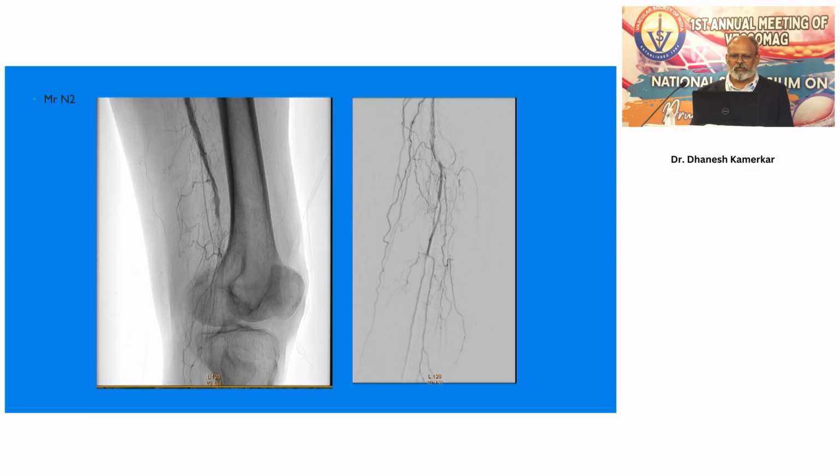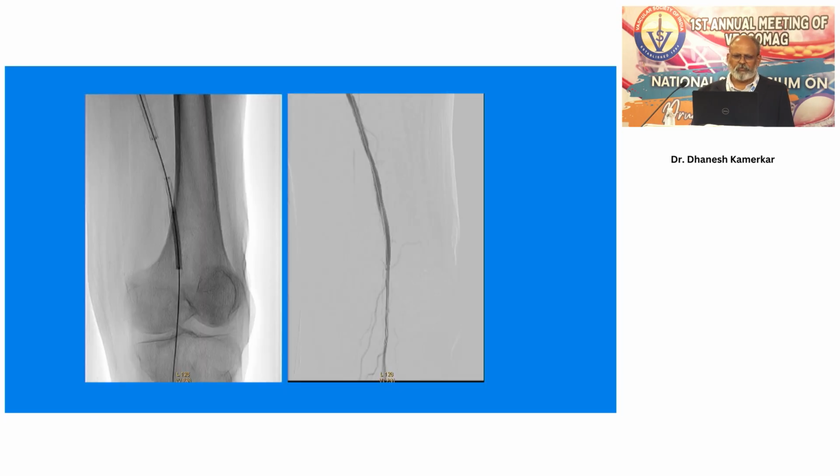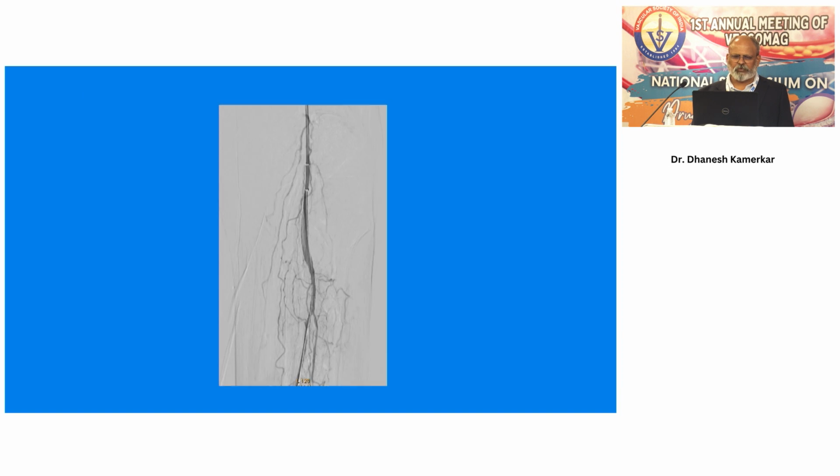But when we look at the distal angio here, this drug-eluting stent has remained patent, although the SFA stent went down. So we had to do a reintervention, ballooned the SFA, and stent that as well. And the segment which had a DES in the TP trunk stayed patent.